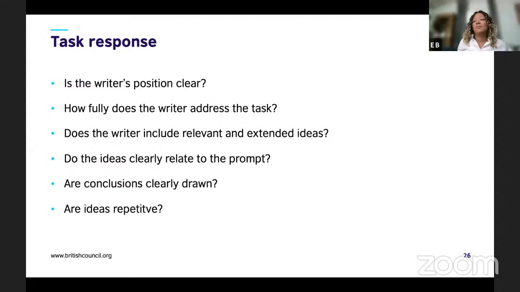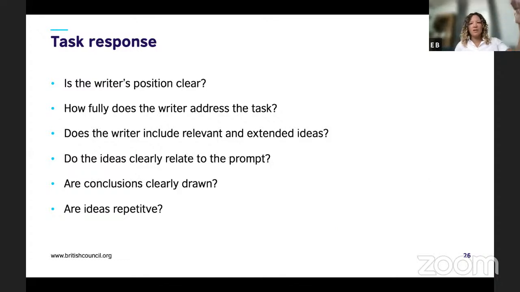Or in some other cases, you might have candidates that are relying on sample essays that they read in a book that they think will fit, which usually don't. And IELTS examiners are also trained to spot this as well. Are those conclusions clearly drawn?